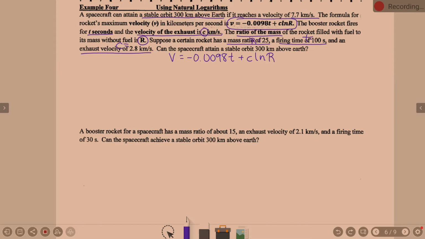It is. So start plugging your numbers in. V equals negative 0.0098 times T, which T is 100, plus C, 2.8, natural log of 25. See what you can do with the math there.